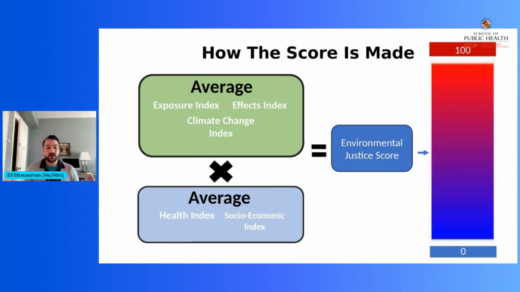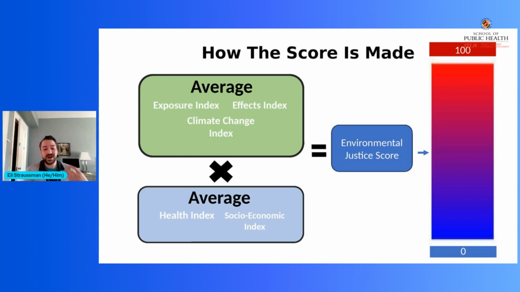Once we have our whole sets of scores, we have to combine them. The way we do this is again based off of the California EJ screen. Now, the California EJ screen, like ours, takes a large quantity of data and tries to combine it into a single number. You'll find that's a very common theme here.